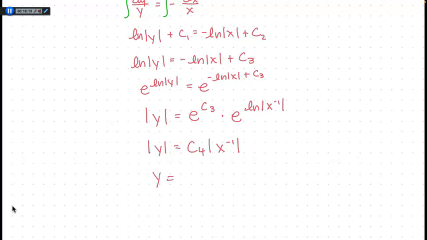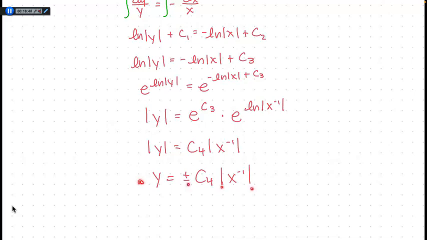Yes. Remove the absolute value. Oops, I forgot my C. And now technically I have the y by itself, but we're going to clean this thing up a little bit. So first of all, I could then pull this absolute value off, which would put a plus or minus on the y.